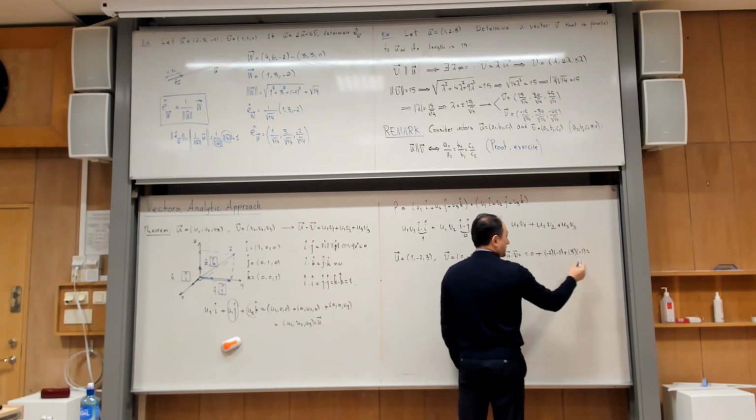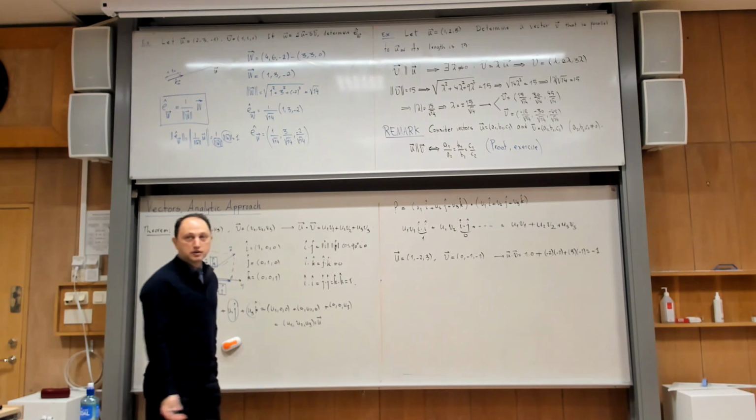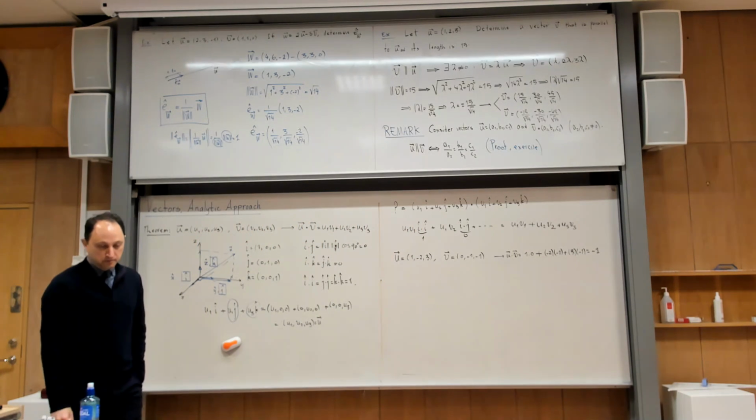The number is 2 minus 3, which is minus 1. So u dot v is minus 1. It's just a number.